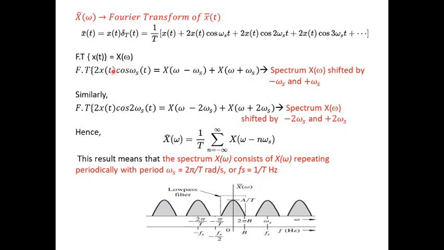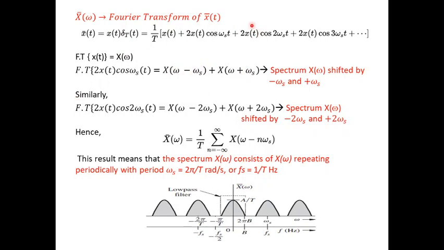This can also be easily understood by finding out the Fourier transform of cos omega s t, which gives shifted versions of the spectrum. So this spectrum represents x of omega shifted by minus omega s and plus omega s. That is, this original spectrum x of omega is shifted by minus omega s and plus omega s.